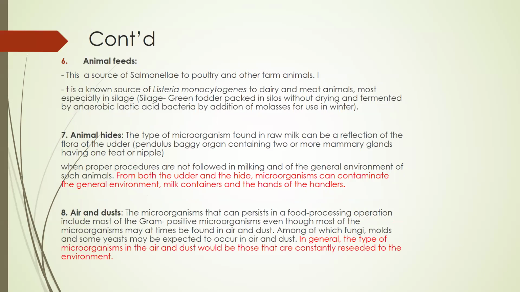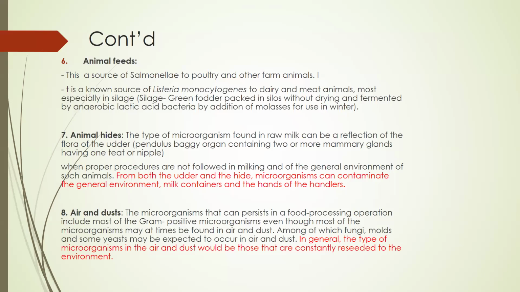Animal feeds. The animal feed can introduce organisms. For example, Salmonella can be introduced to poultry, to your chicken and other birds and other farm animals. It is known that Listeria monocytogenes, that dangerous organism in dairy and meat, is transferred through silage, that is the food, the fodder that is packaged in silos.